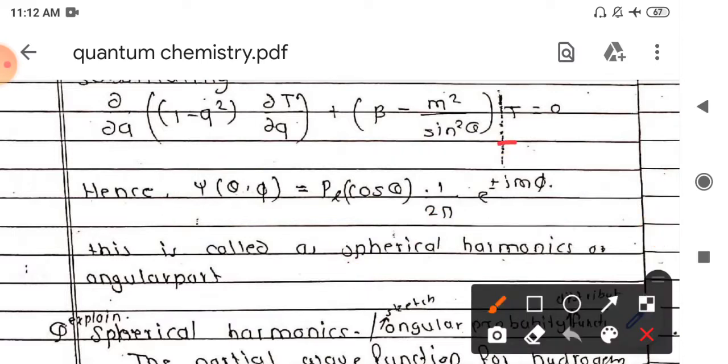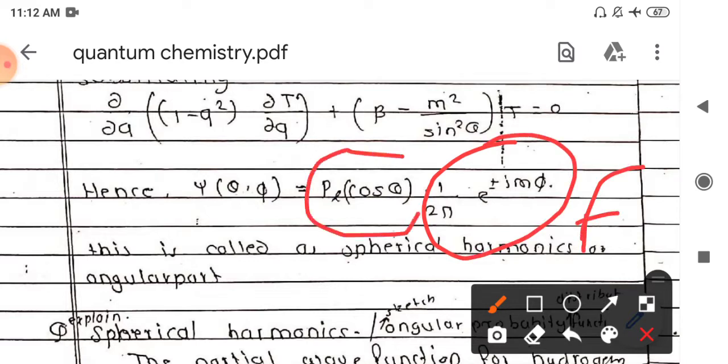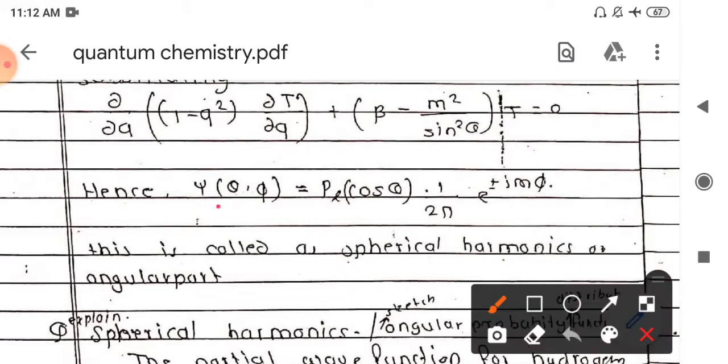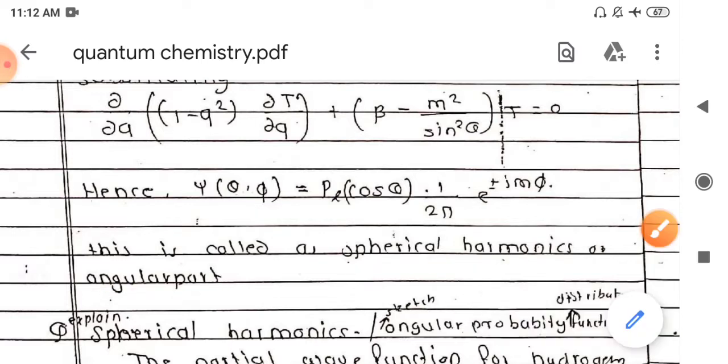This term is the solution of the f equation, and this term is the solution of the t equation. So this psi of theta and phi is the angular part, because it depends upon the angles. It is sometimes also called spherical harmonics.